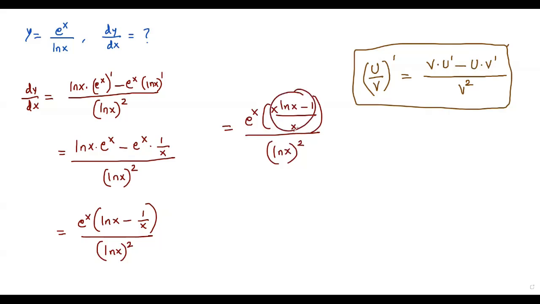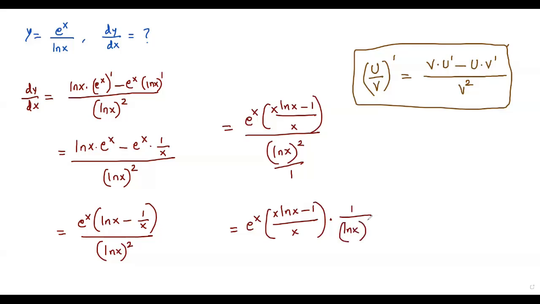Here we have a fraction in the numerator. In the denominator also, if I have a fraction, it will be easier for me to do simplification. So I can assume this ln x whole square as a fraction by taking denominator 1. So e to the x power times x ln x minus 1 over x. And now I'm going to change this division as multiplication. I take the reciprocal for this one, then I'll be getting 1 over ln x the whole square.